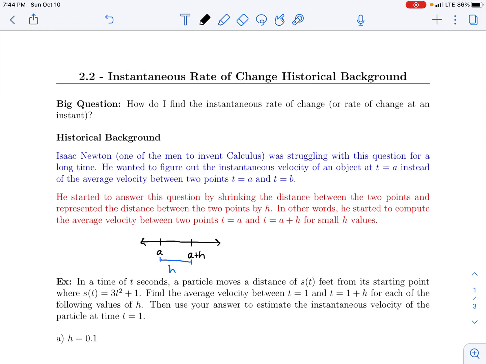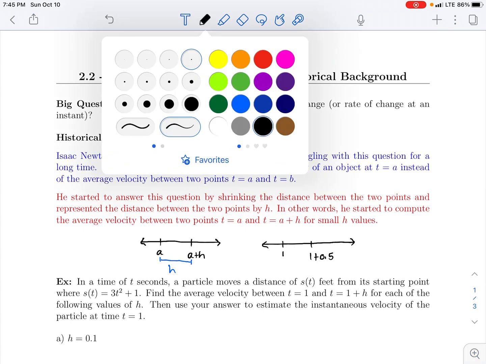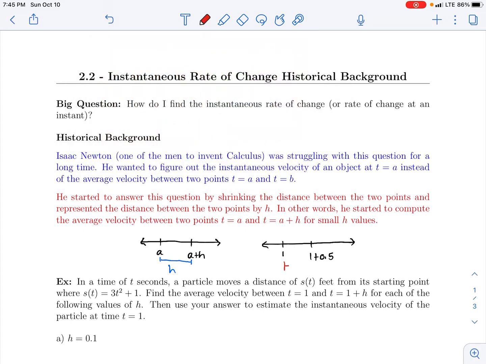I'll give you actual numbers so you can see it a little better. Let's say I have 1 and then 1.5. I could rewrite 1.5 as 1 plus 0.5, and you would agree that the distance between those 2 points is 0.5, or in other words, my h value here.